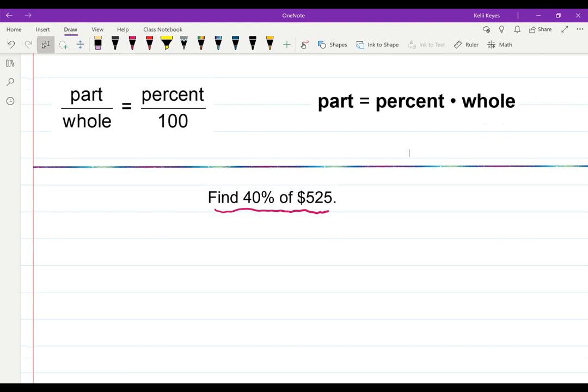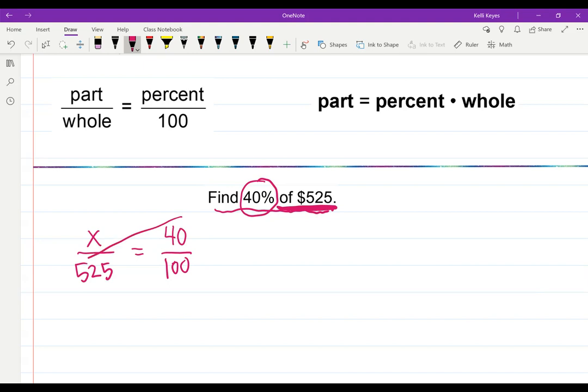So anyway, 40% of 525. First of all, I know this is the percent, so I know that number is going to go over 100. And then the "of 525," that is the whole. So then I'm going to put 525 here, and I'm solving for the part right there. So then I cross multiply, right?